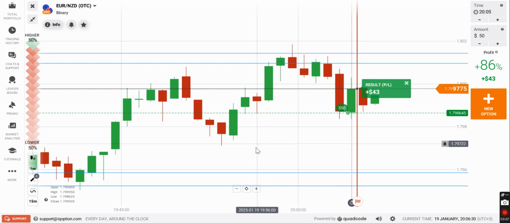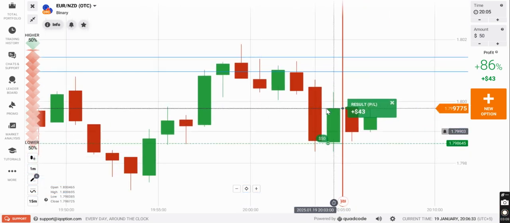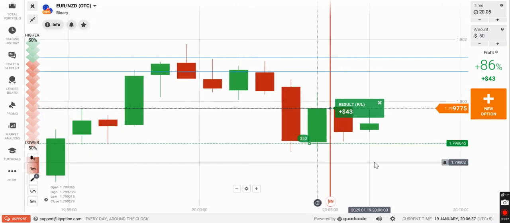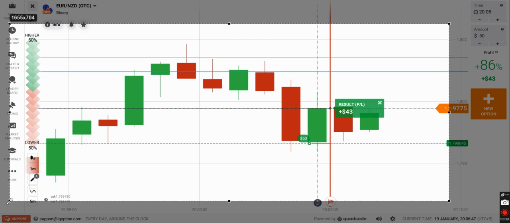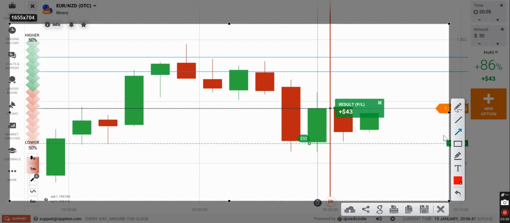You can see here how I took my trade. You need to analyze the market like this. We cannot take a single candle, we cannot take a single level, we need to see the left side. The left side is very much important.